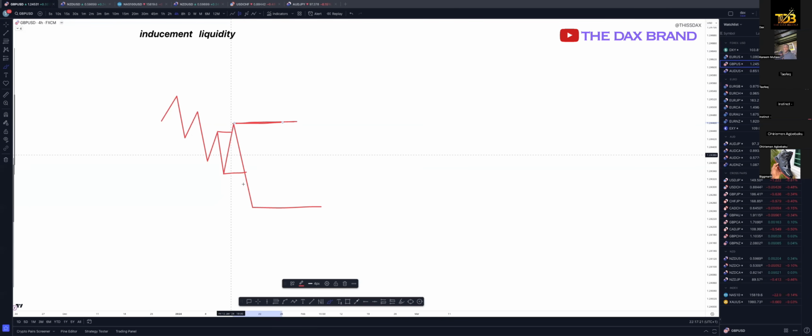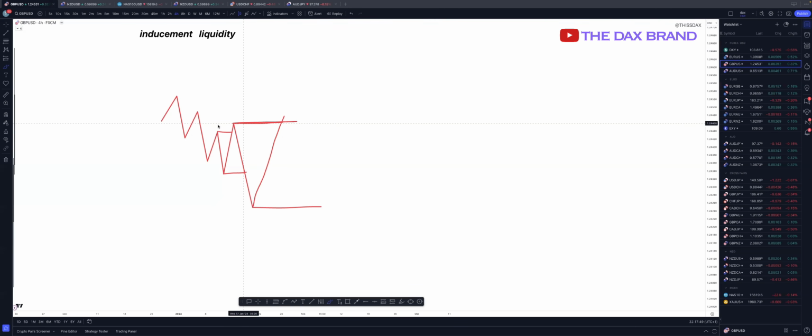The moment you can't see any structural liquidity within your current swing, you always need to wait for price to take out the inducement liquidity, because that high will always go. If you don't have structural liquidity within your swing, the high will always go, and that high is the inducement.